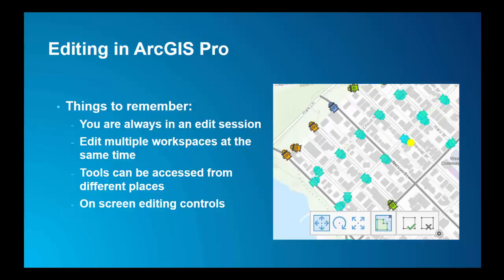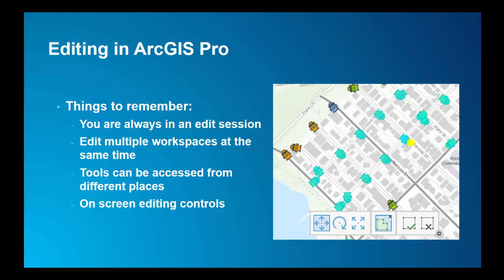ArcGIS Pro can adapt as well, and what I mean by that is that different users require different ways to access tools depending on what they're trying to accomplish. And because of this, tools can be accessed from the edit pane, from various context menus, or even live editing on screen using the on-screen controls, as you can see in the screenshot.